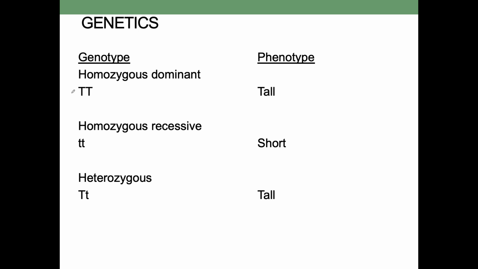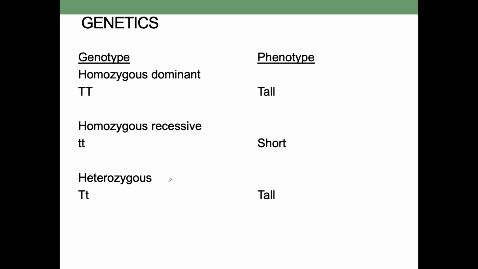Capital T is the tall allele. If an individual has two capital T's, or two dominant alleles, they are homozygous dominant, big T, big T. If, on the other hand, they have two lowercase t's, they are homozygous recessive. If they have a combination of both, they are heterozygous. They get one dominant capital T from the mother or father plant, and one recessive lowercase t from the other.